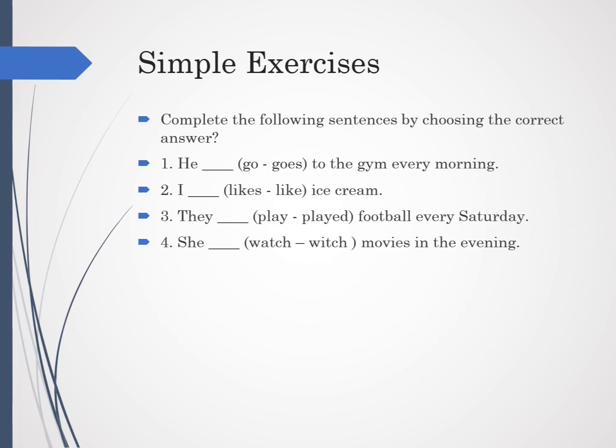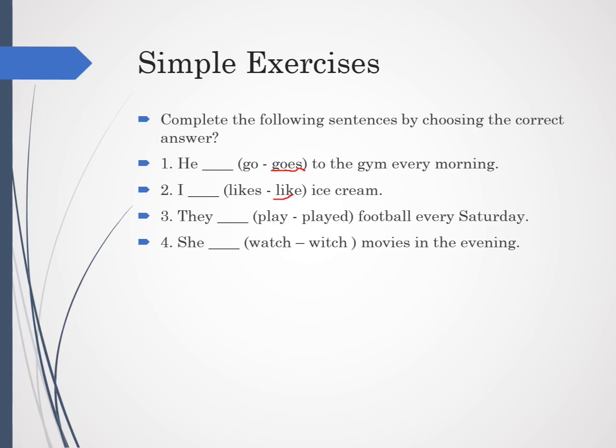Simple exercises. Complete the following sentence by choosing the correct answer. He go to the gym every morning, or he goes to the gym every morning. Number 2, because the subject is singular, so we have to add es. I likes ice cream, or I like ice cream.